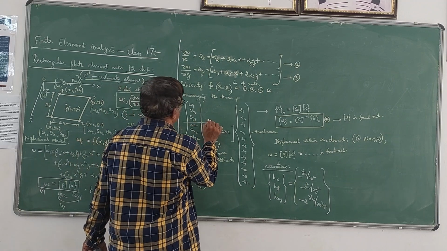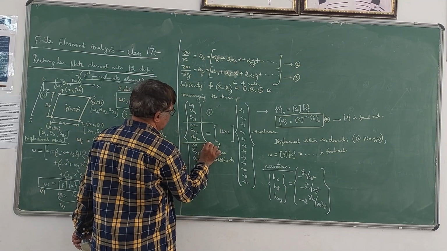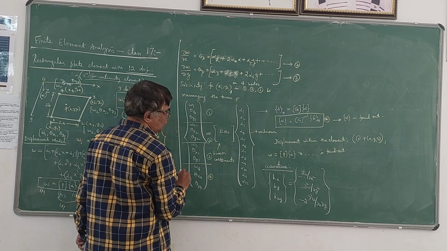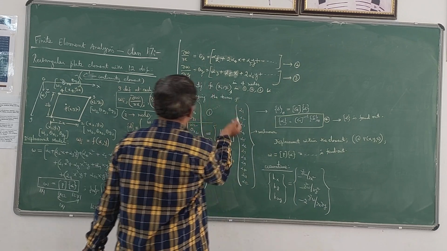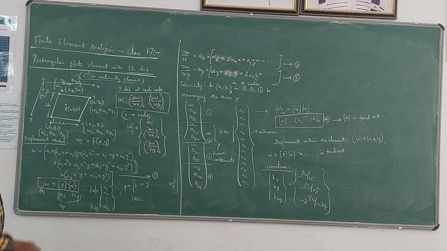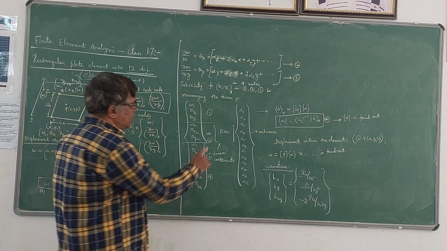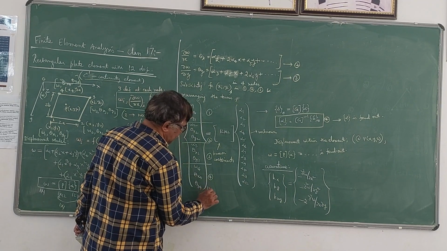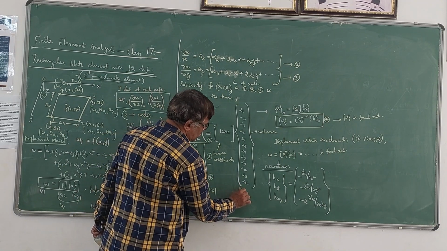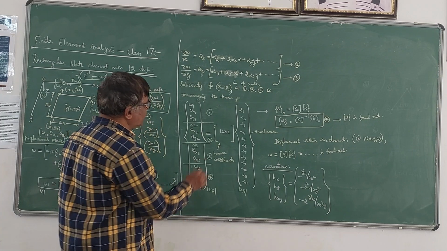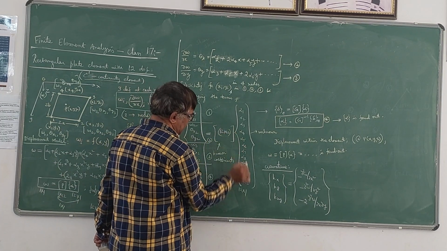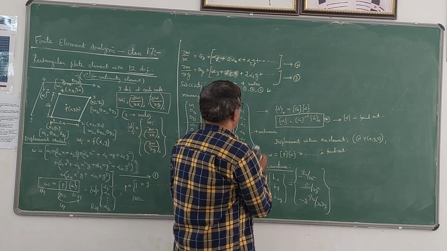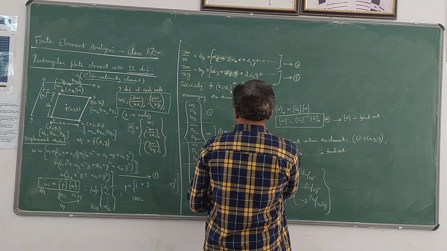The first 3 correspond to node 1, the second 3 to node 2, the third 3 to node 3, and the last 3 to node 4. Correspondingly, you can write the alpha matrix on the right hand side, and you will have a 12 cross 12 matrix here. You can observe this is 12 cross 1, and this is also 12 cross 1. When you multiply a 12 cross 12 matrix with a 12 cross 1 matrix, you get a 12 cross 1 matrix only.